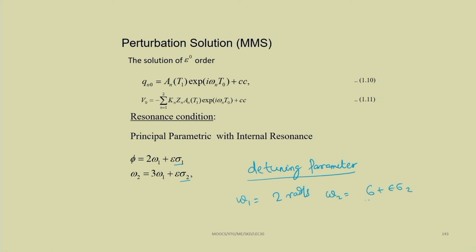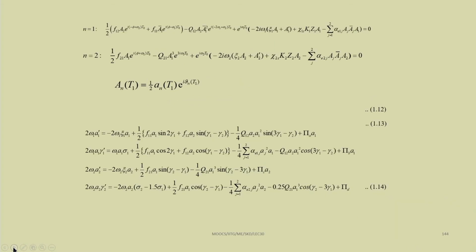By taking 10% of this 6, we can vary it from 5.4 radian per second to 6.6 radian per second. So, we can vary this and find the response near the principal parametric resonance conditions.